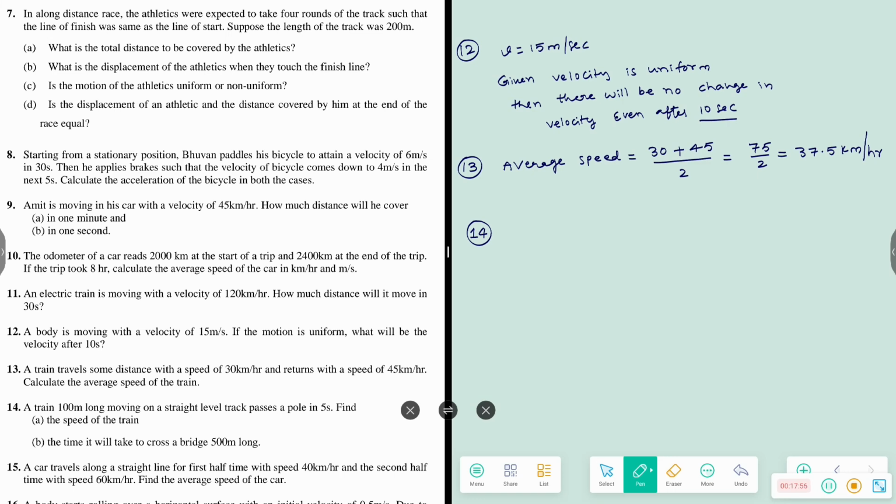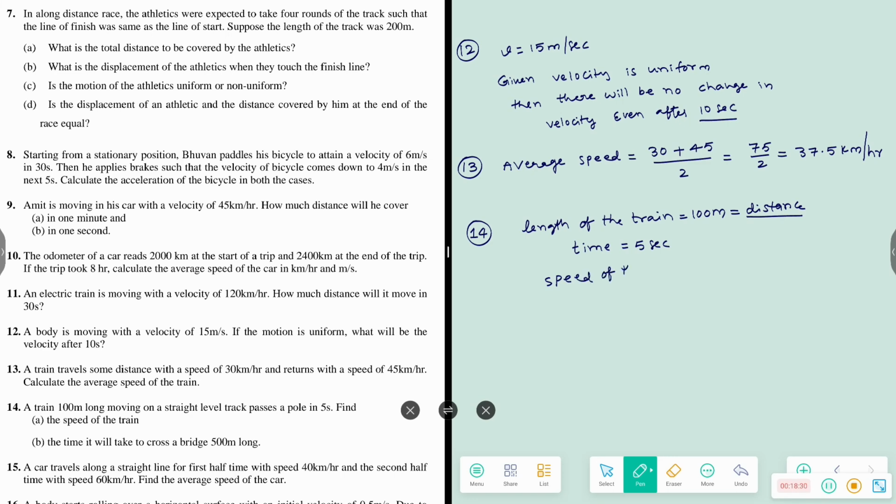So here 100 meters long, the length of the train is given, and it took the time of 5 seconds. Here the length of the train is the distance travelled by the train. We have to understand it. Length of the train is nothing but distance travelled by the train, and the time is 5 seconds. So what we can do? We have to find out the speed of the train.